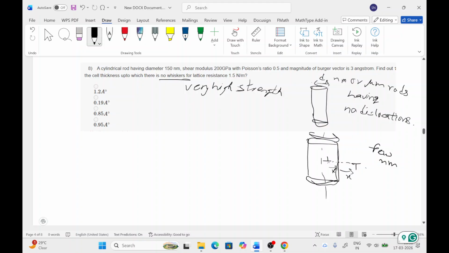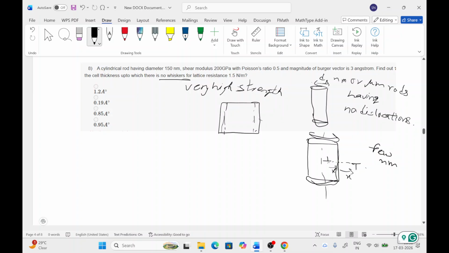But if we have bulk material, greater than the required diameter, only dislocations which are near to the surface will annihilate at the surface and make this region free of dislocation. So from both sides, the dislocations are attracted to the surface and annihilating.